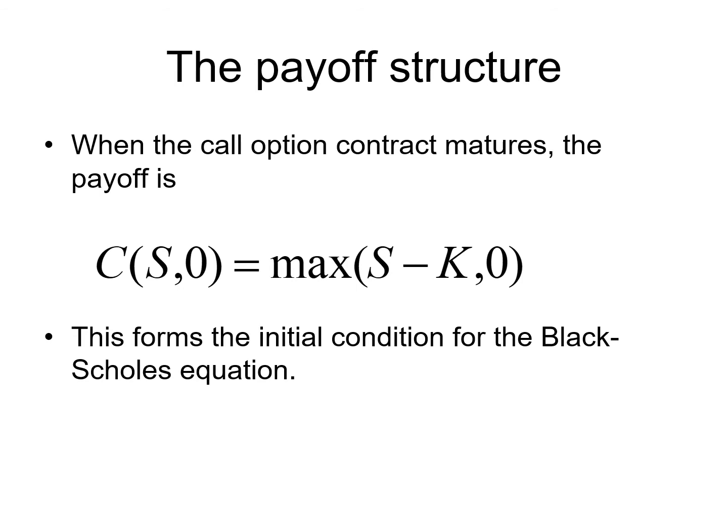So the value of the call option at time of maturity is equal to the maximum of S minus K or zero. So this forms the initial condition for the Black-Scholes equation.